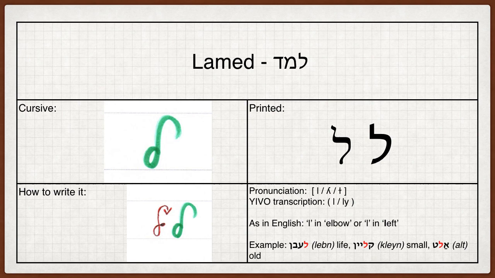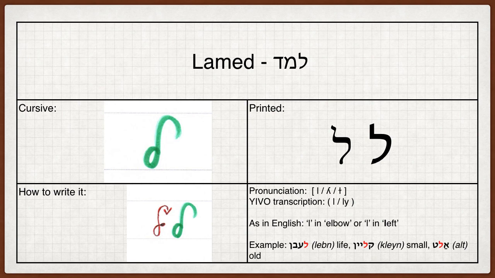And we have a light L, just like in left. In Yiddish, we have both the dark and the light L, but I am going to talk about them another time because I don't want to bore you to death. So let's see the examples.